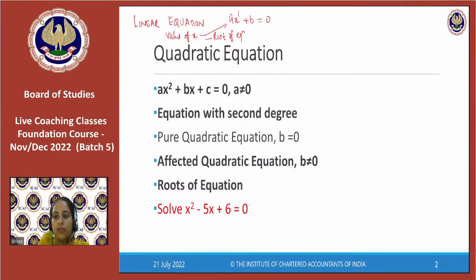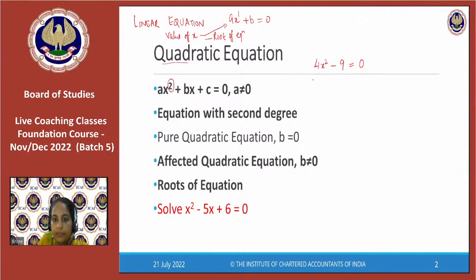The second part of the equation is the quadratic equation. When the highest power of the variable becomes 2, then it forms a quadratic equation. So even if I have something like 4x square minus 9 equals 0, even if one variable is there and we have the highest power as 2, then it becomes a quadratic equation.